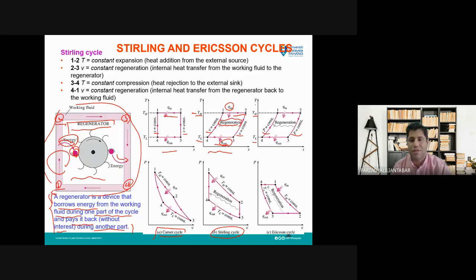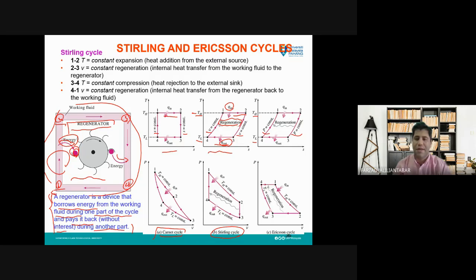So first, just keep in mind this diagram for these two types of cycle. In a Stirling cycle, we have two isothermal processes, heat addition and heat rejection, and two constant volume processes. In the Ericsson cycle, we have two isothermal processes, heat addition and heat rejection, and two constant pressure processes.